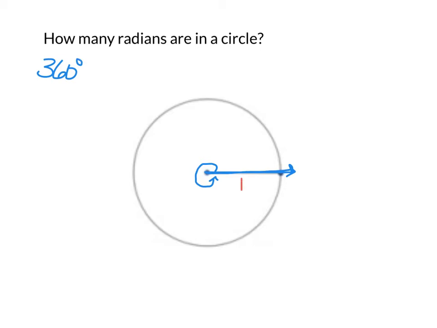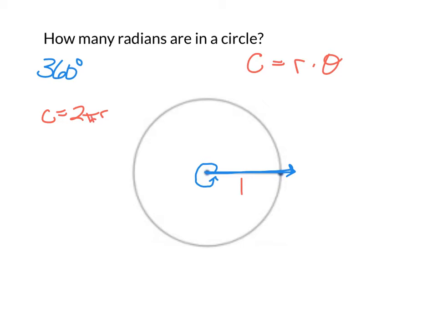Well, let's consider a circle with a radius of 1. The arc length all the way around this circle would be whatever the circumference is. And remember that arc length is radius times radians. Well, we know that in a circle the circumference is 2 pi r.